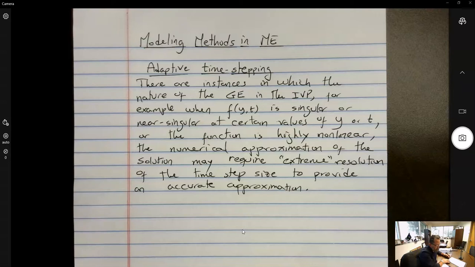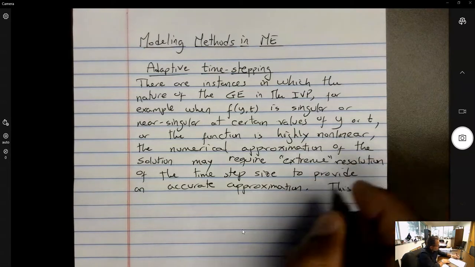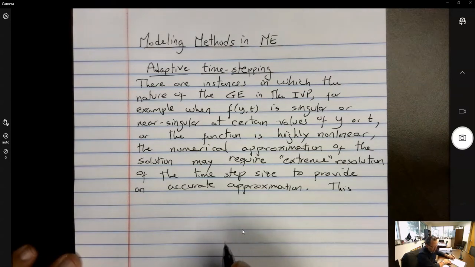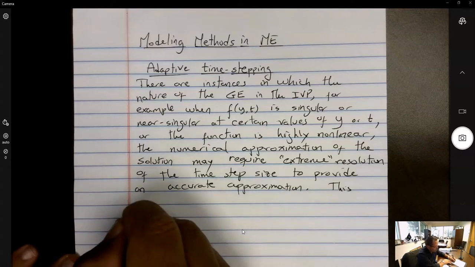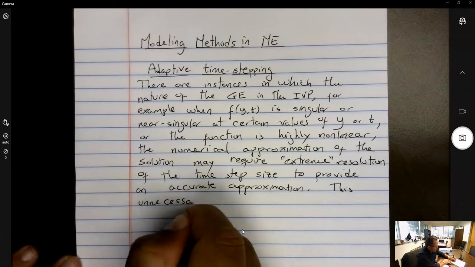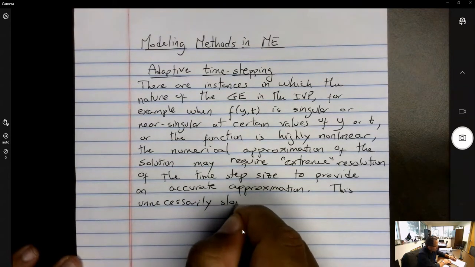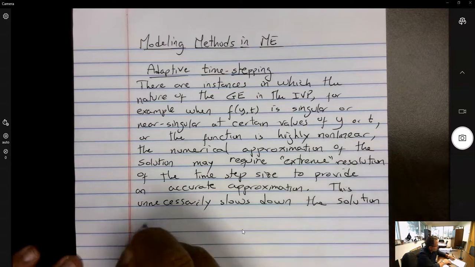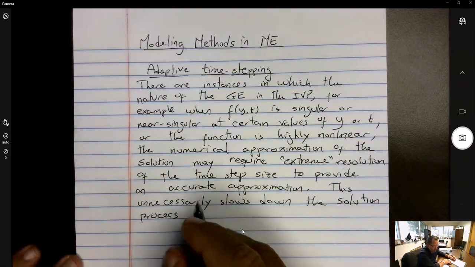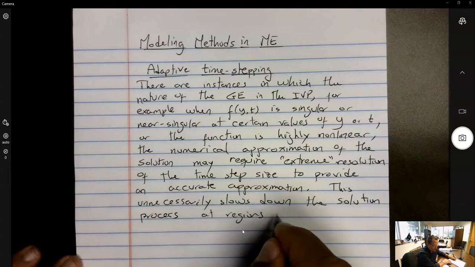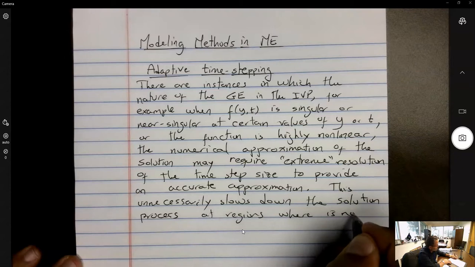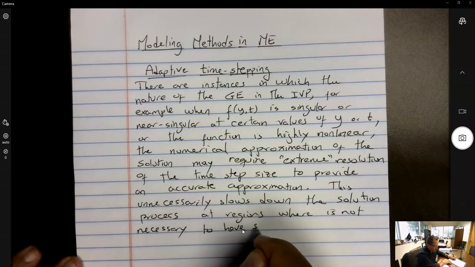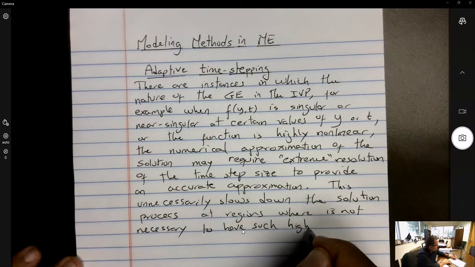Okay, these extreme resolutions of the time step size, which means just breaking it up into very tiny steps, unnecessarily slow down the solution process at regions where it is not necessary to have such high refinement.